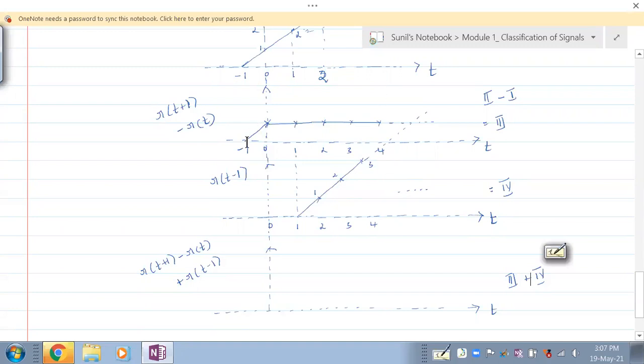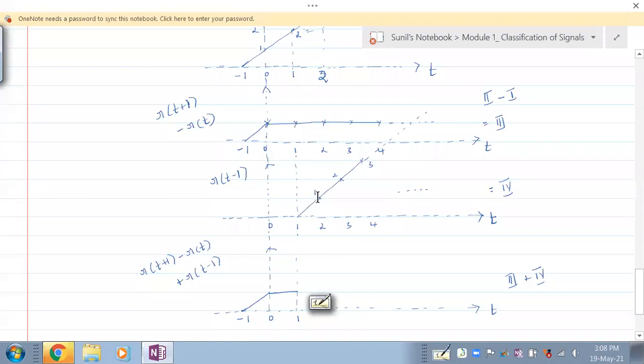From minus 1 to 1, there is no fourth signal here. So adding this signal with 0, you'll find the same, till here you will find the same. Fine. So from minus 1 to 1, it's the same. But from 1 onwards, what happens? At 2, what's happening?